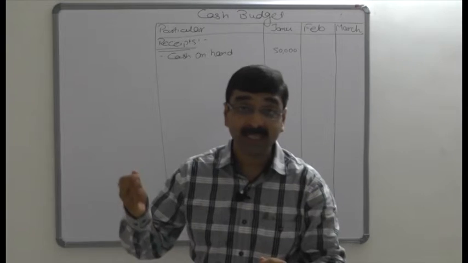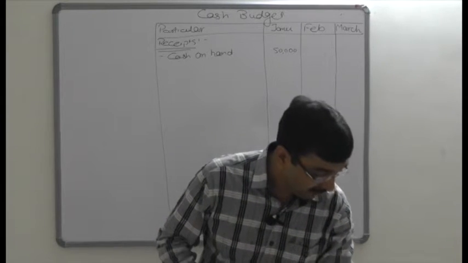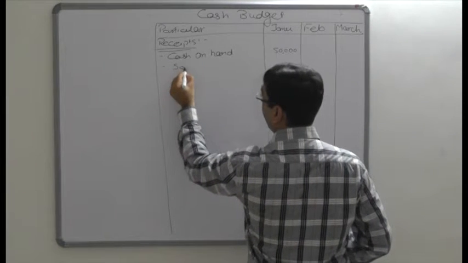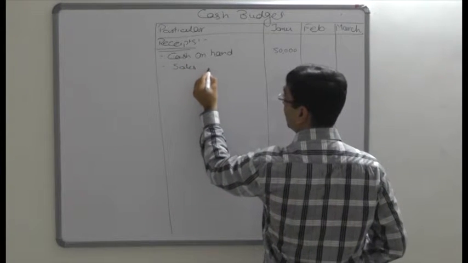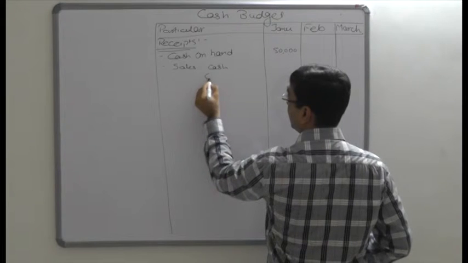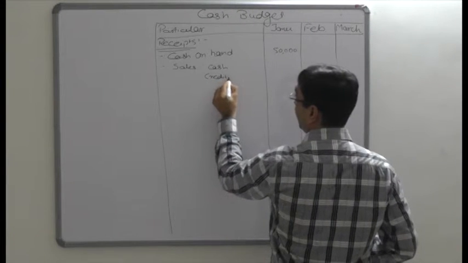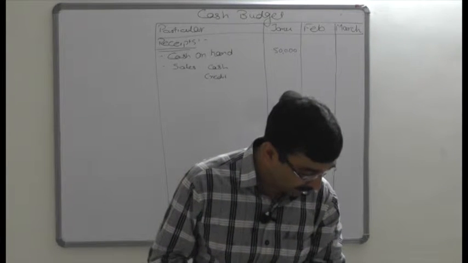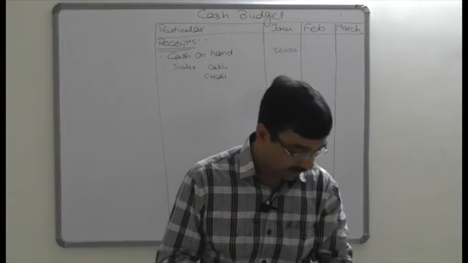Then how many receipts have we identified? We have only one receipt, and that is sales. Under the heading sales, we have some cash sales as well as credit sales. So we'll divide cash sales and credit sales by realization value, and according to that we will write the amount of sales.